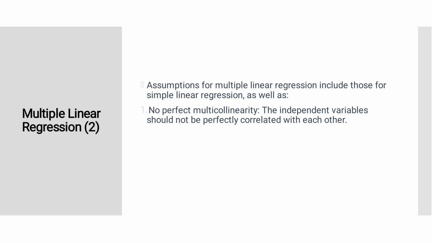No multicollinearity means that the independent variables are not correlated with each other, or that one independent variable may not explain another independent variable. That is also a kind of multicollinearity.